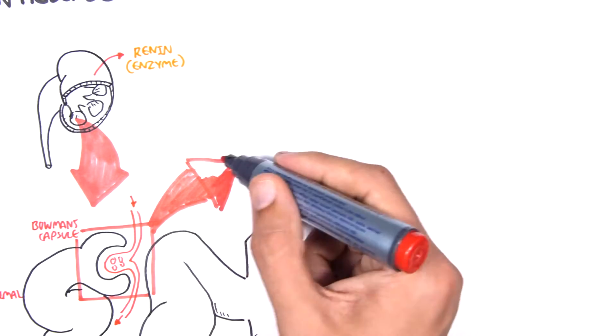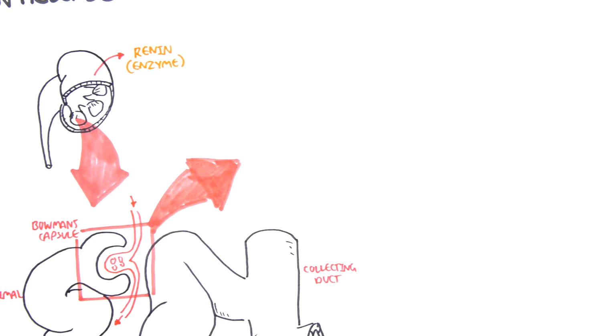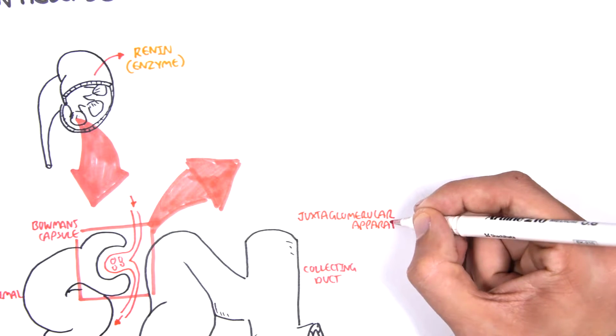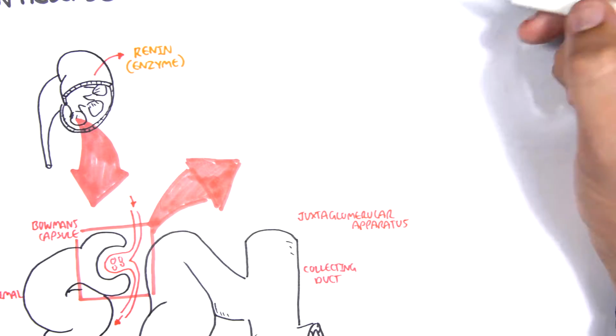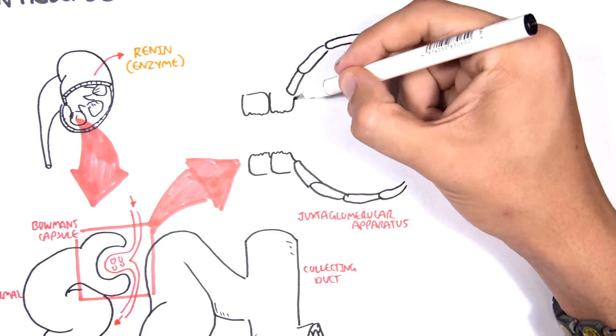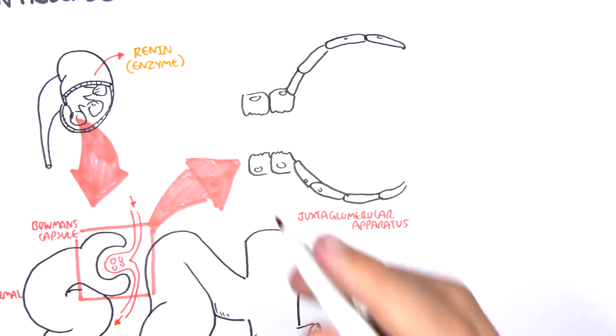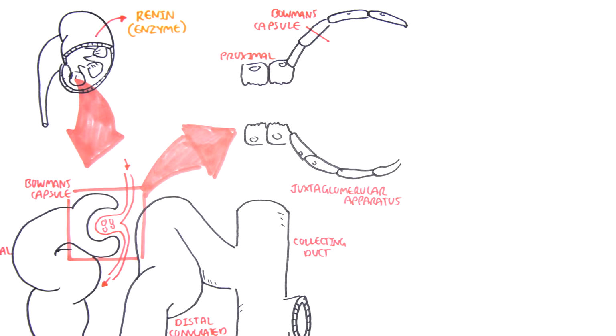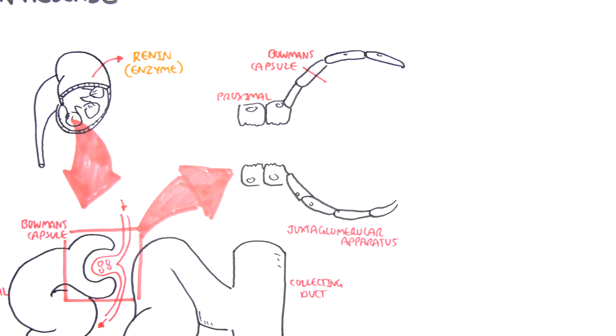So let's just zoom into this section and understand a bit more about the structures and cells found in this area. So here, this area is known as the juxtaglomerular apparatus, and it essentially consists of the head of the nephron here. It has the Bowman's capsule, which is essentially this space within the head of the nephron, and then you have the proximal convoluted tubules, which are made up of more cuboidal-like cells, as you can see, whereas the head of the nephron, it's sort of just squamous cells, just thin cells.